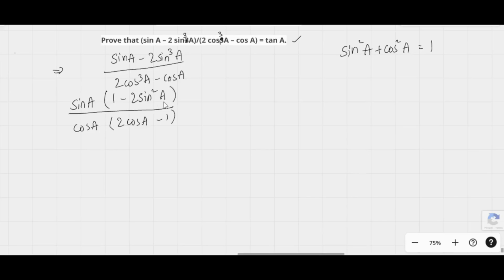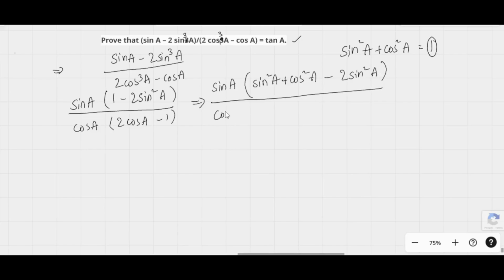Now what can I do here? So what is 1? 1 is nothing but sine square A plus cos square A. So I just want to replace this 1 with this identity. Let me see how it works. Sine square A plus cos square A minus 2 sine square A. And in the denominator also I want to do the same.